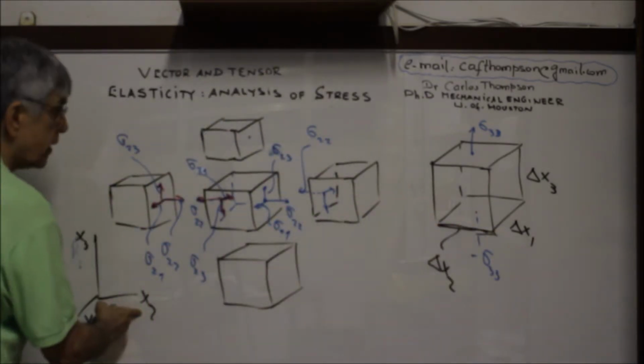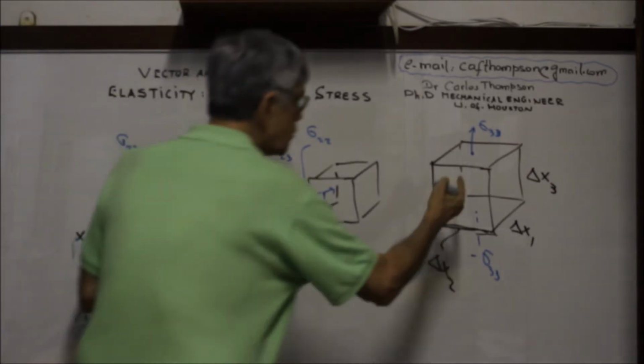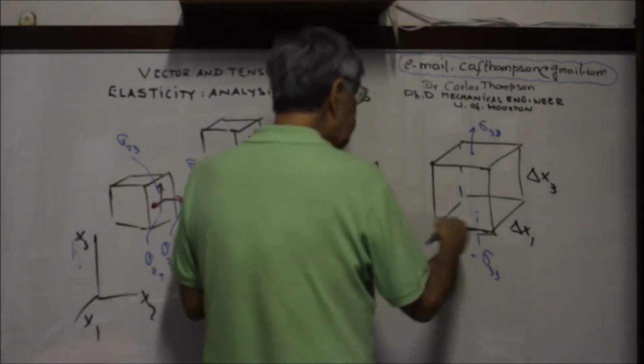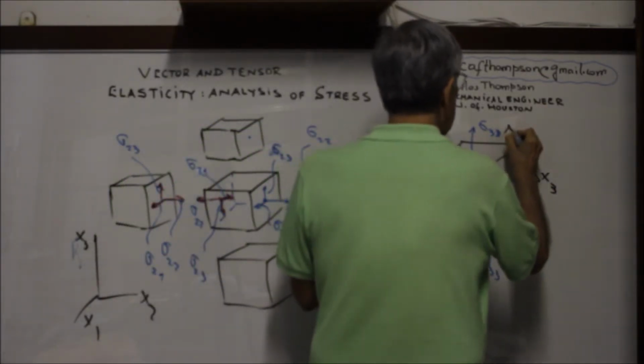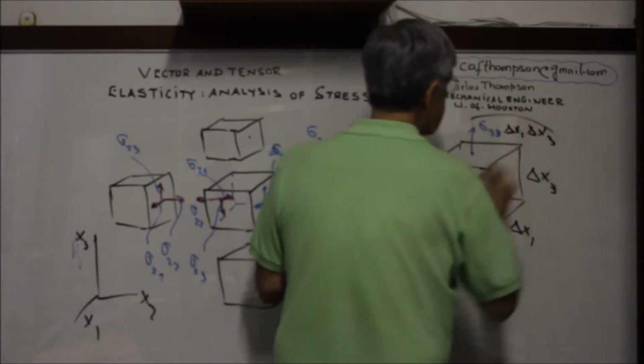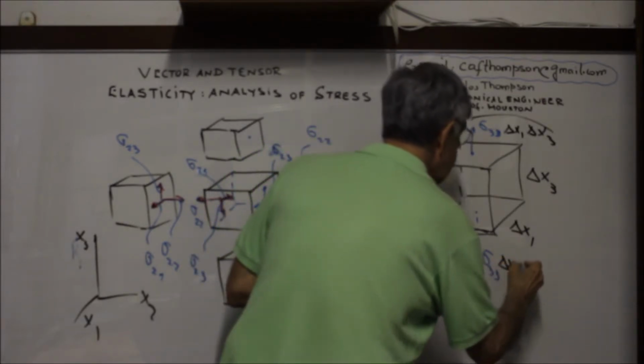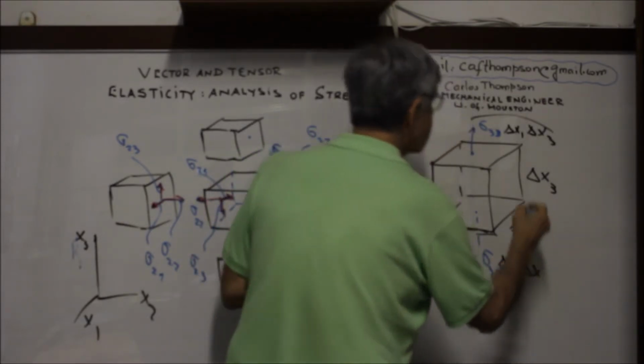This is x1, and this is x3. So if you multiply by the area, delta x1, delta x3, that's the force. The same here, delta x1, delta x2.